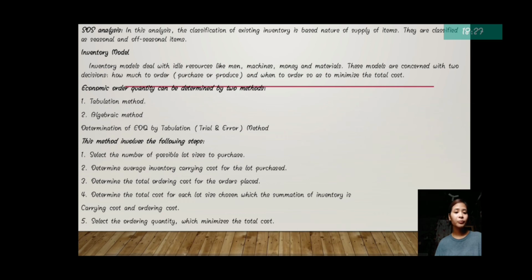Then determine the total cost for each lot size, which is the summation of the carrying cost and ordering cost. Then the last is to select the ordering quantity which minimizes the total cost.